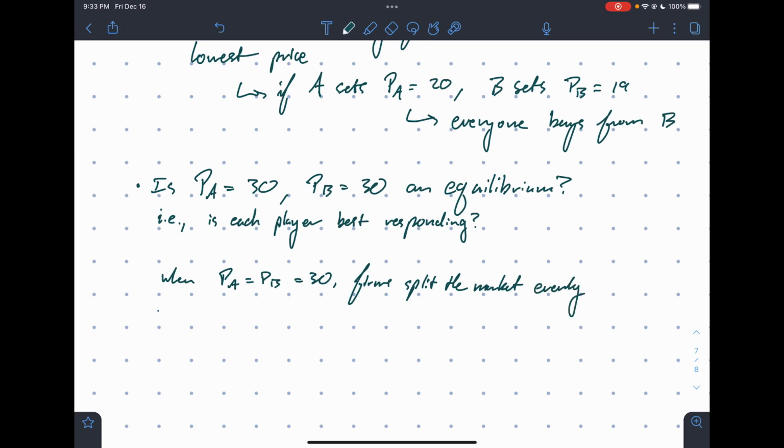But if PA is equal to 29.9999 repeating, then A gets all of the demand.